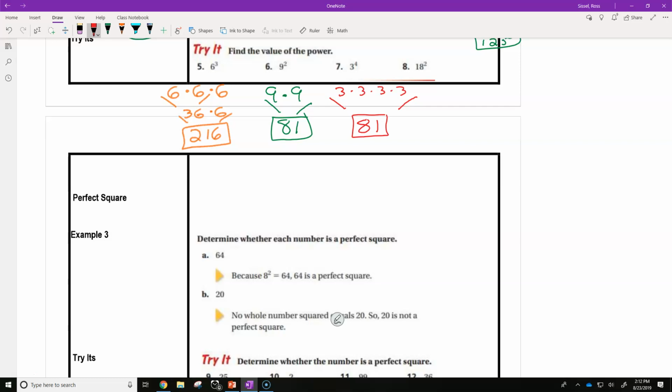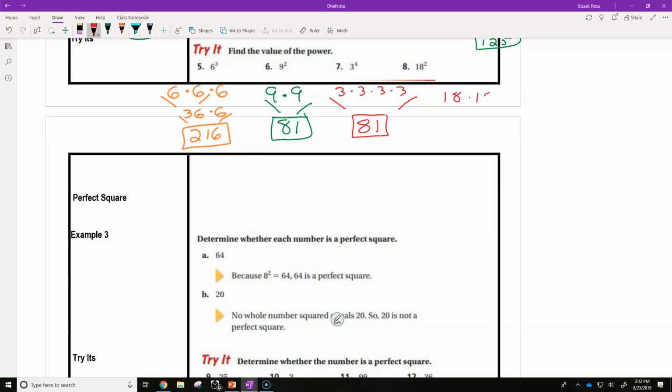You just kind of clap for money, so we're not going to do it. 18 squared. What is my repeated multiplication? Coming to you, buddy, Chris. Okay, 18 squared. What would be the repeated multiplication? 18 times 18.